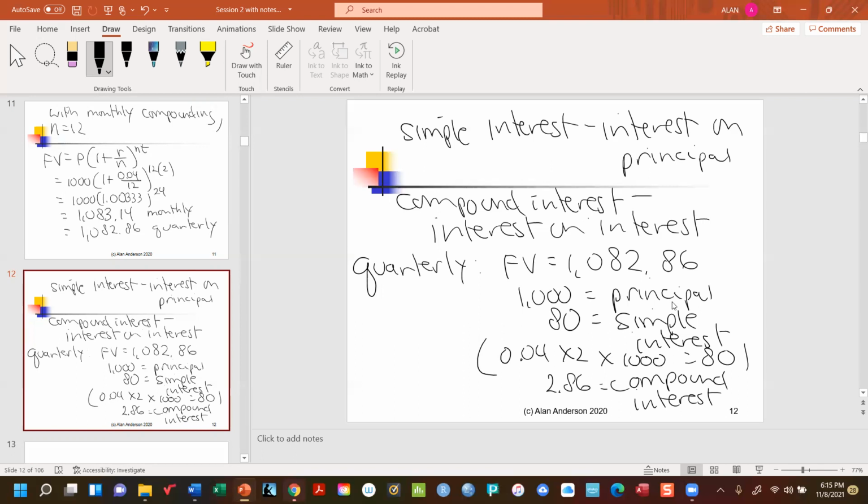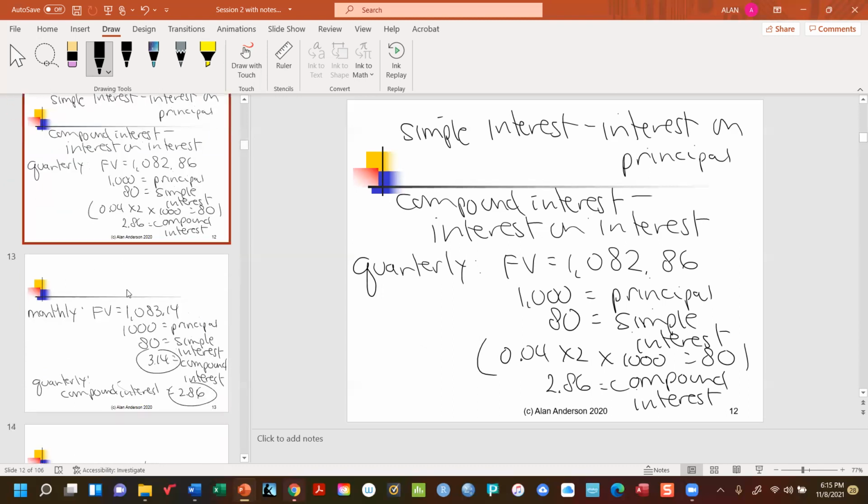What's happening is that we're being paid interest during the year, which is based on our principal, but also the interest we've accumulated up to that point. Now you can see the simple interest is much larger than the compound interest, but that's only because this is a short time frame. If we leave the money in the bank long enough, eventually the compound interest becomes greater than the simple interest.